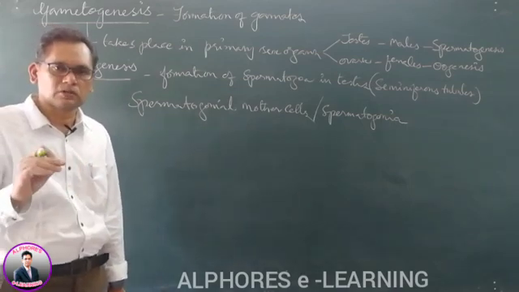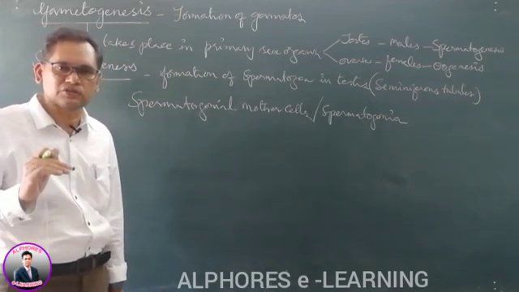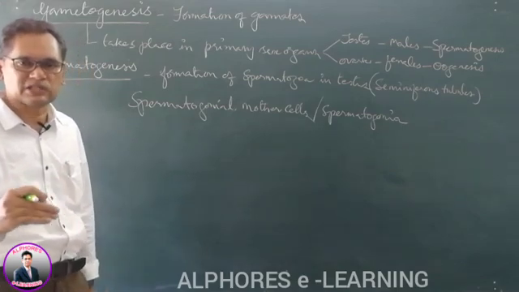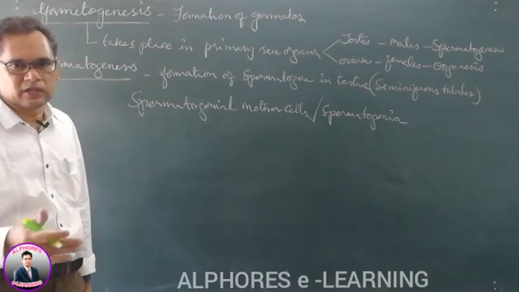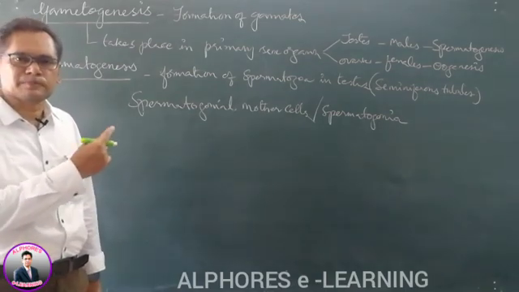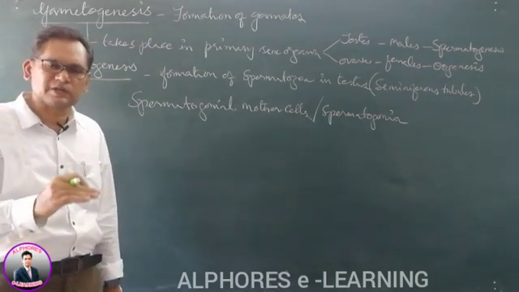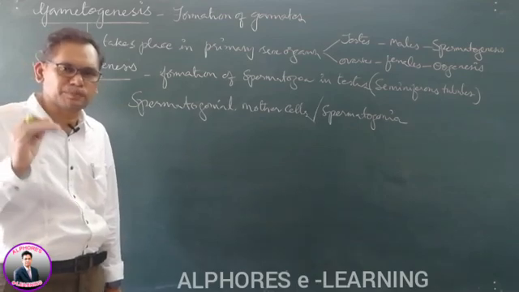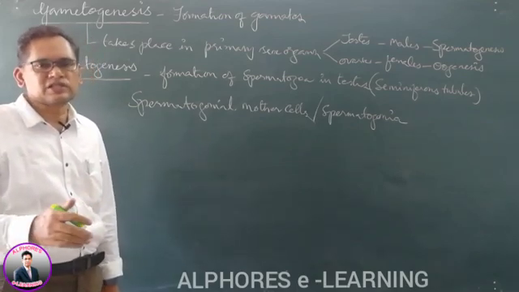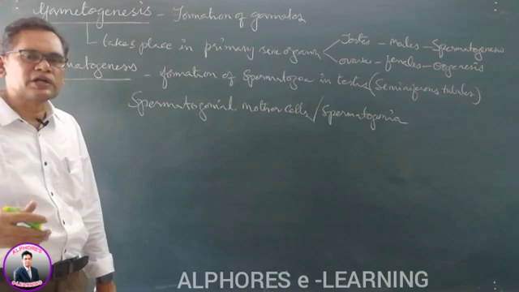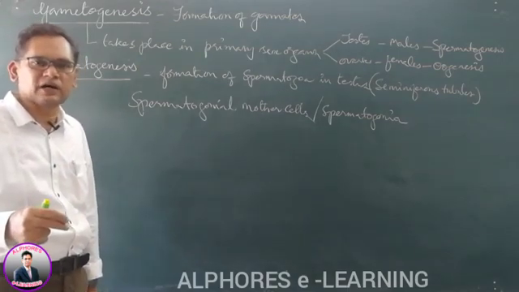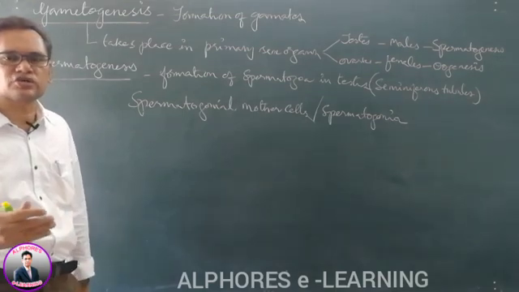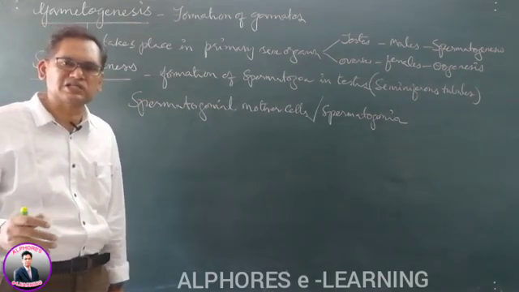The process of spermatogenesis results in the formation of spermatozoa or sperms. This process takes place only after puberty. The male child has to reach puberty for spermatogenesis to take place, under the influence of secondary sexual hormones, testosterone produced by the Leydig cells.